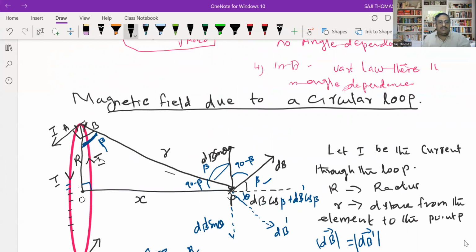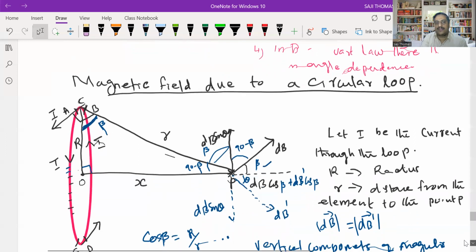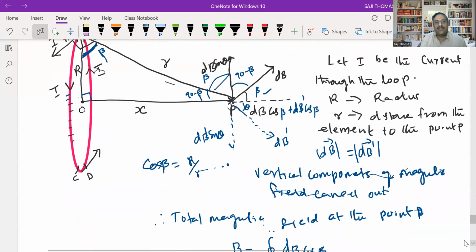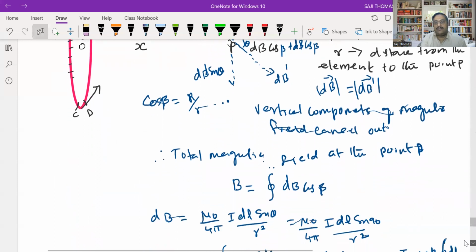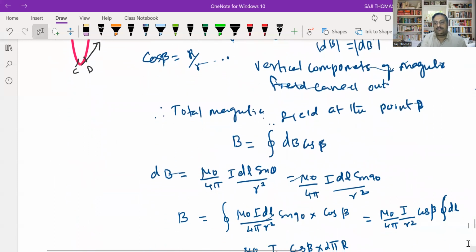This point you name as O, this point you name as C. From the triangle COP, what is small r? Apply Pythagoras theorem: root of capital R square plus x square. So you put that in the equation.